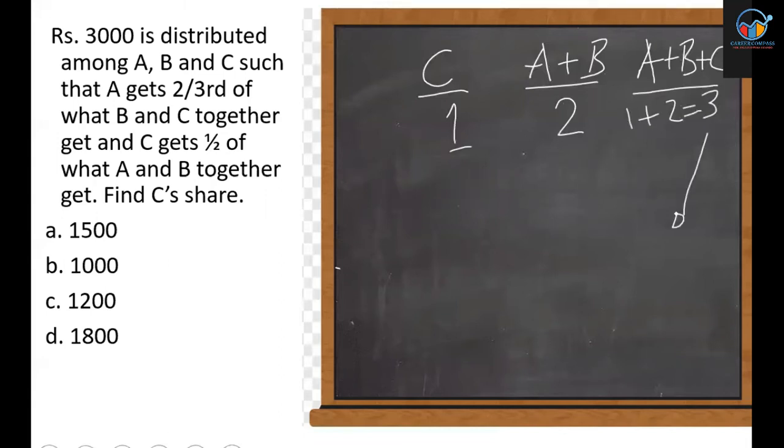In the sum in the beginning, they have said this 3 is equivalent to 3000, right? So if 3 is equivalent to 3000, then this 1 will be equivalent to 1000, correct?